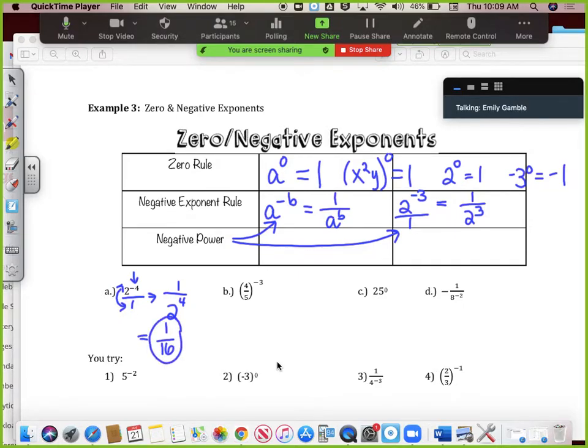Now that's how you would do it algebraically, and like I keep saying, you will need to do this with variables because your calculator can't help you with that part of it, but let me show you how you can use your calculator to help you with this part of it at least. So 2 to the negative 4 is what I'm going to show you first.